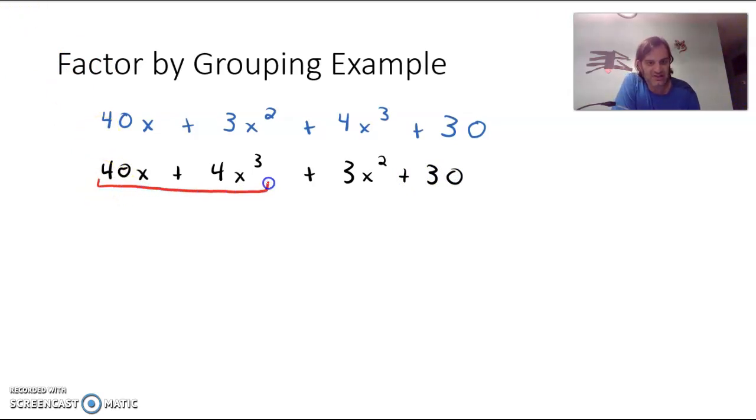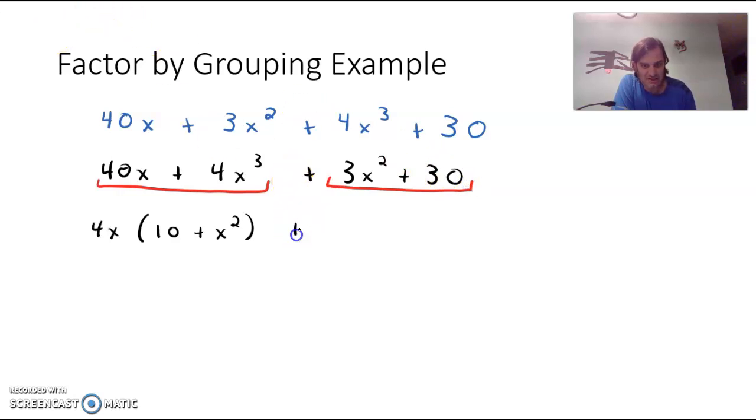So 40x plus 4x cubed. I can pull a 4x out of there, and I'll be left with 10 plus x squared. Now the second set, 3x squared plus 30, I can pull a 3 out of there, and I will have x squared plus 10 remaining.